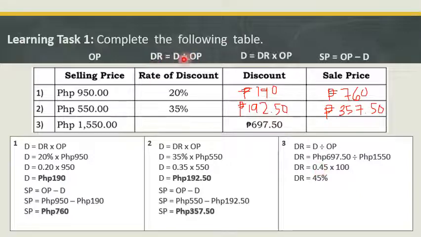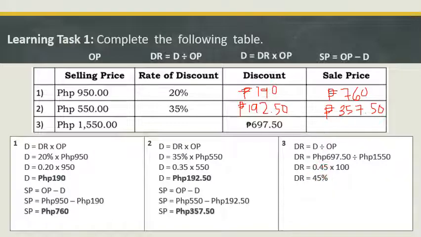Since ito ay discount rate, pag rate, tinatimes lagi yan sa 100%. So, yung 0.45 natin times 100 para makuha natin yung percent. So, mumove lang natin ng dalawang place sa kanan. So, makuha natin is 45%. Discount rate kasi siya, kailangan may percent tayo.